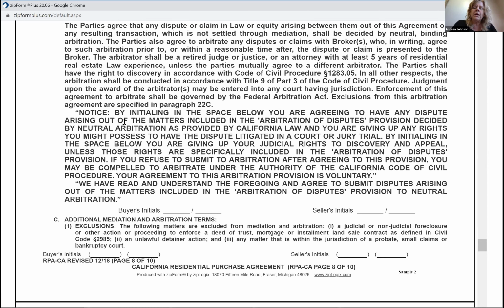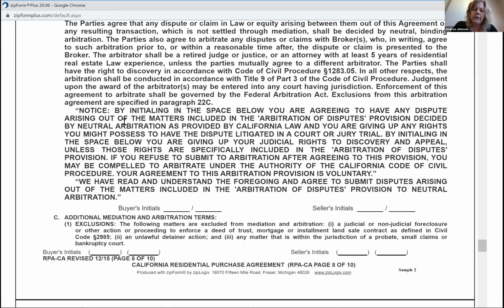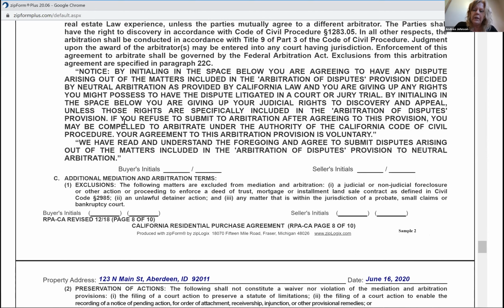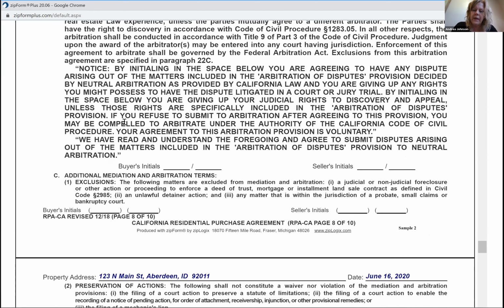Same with buyers: 2 buyers, one initials, 1 doesn't. If they don't agree to it, then you have to agree that you are proceeding without the arbitration clause being part of the agreement, and everyone needs to be so informed and in agreement with going forward with the purchase or sale without this paragraph being a part of the agreement.